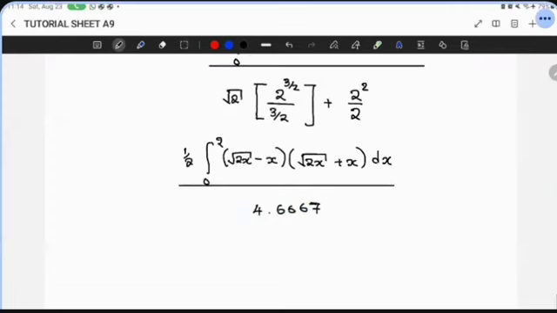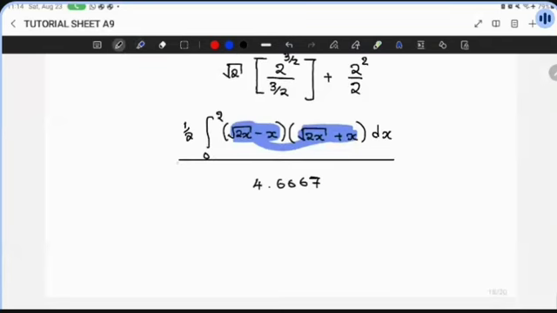From the numerator, we want to simplify, expand, and then integrate. So you can expand the usual way, or you can just be quick about it and observe that this and this are the same expressions with a difference of a minus between them. So because of that, I can view them as what?